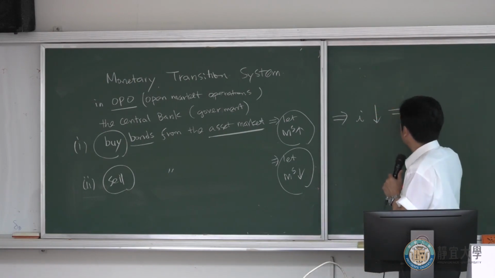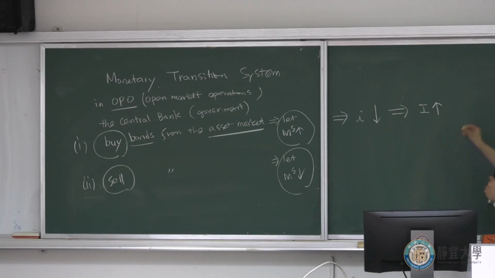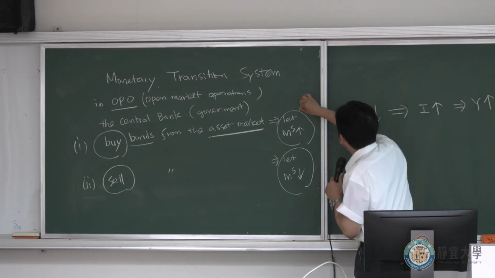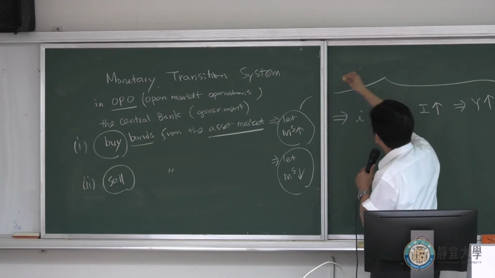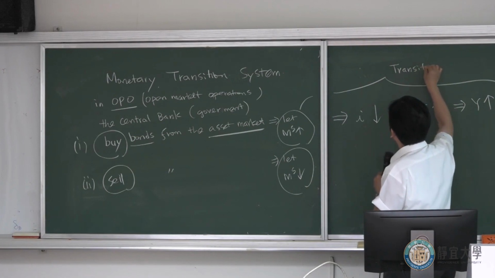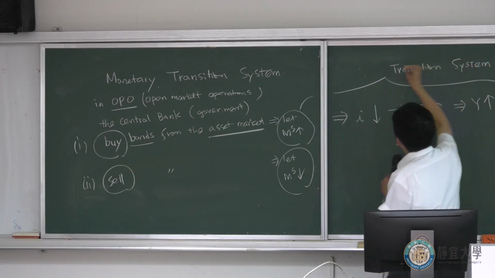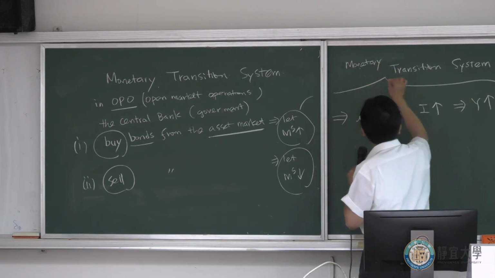Interest rate decrease, and then investment increase, and then Y increase. This is what we call the monetary transition system.